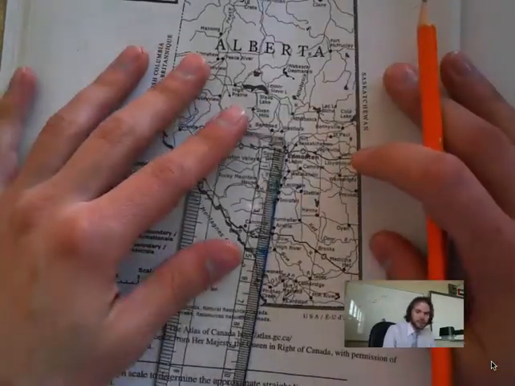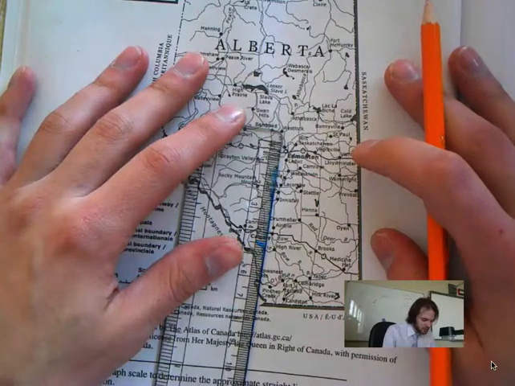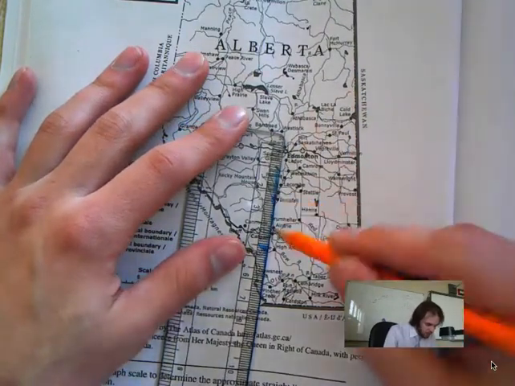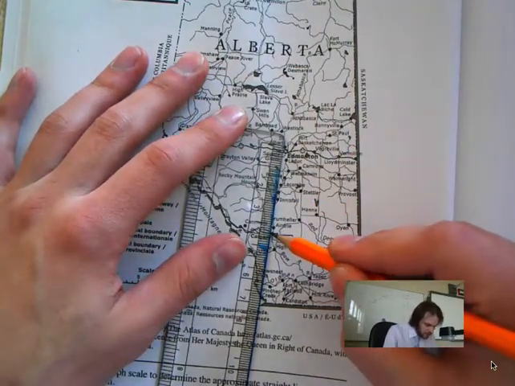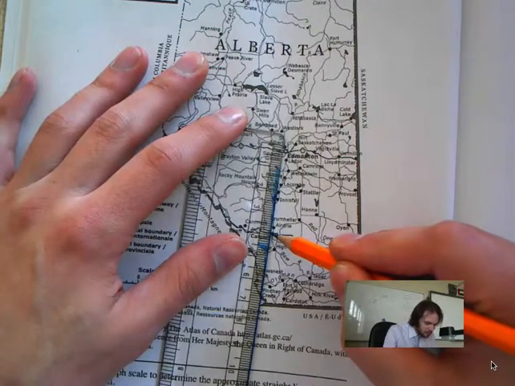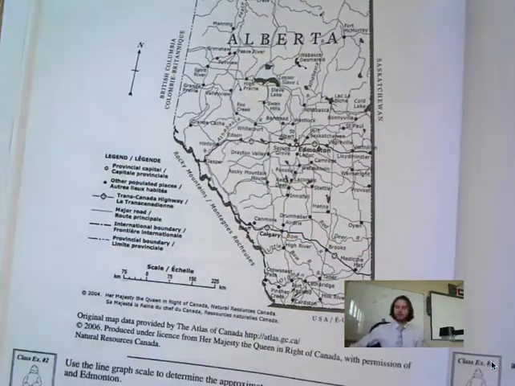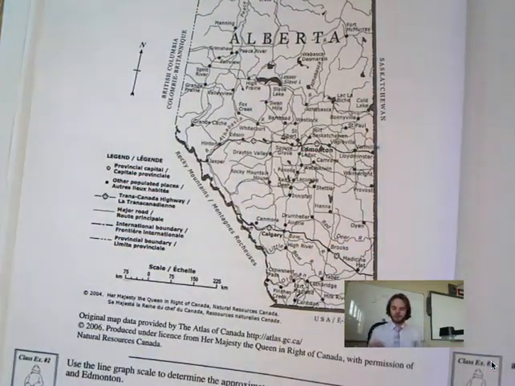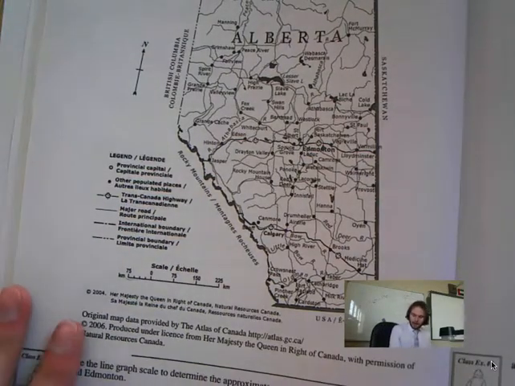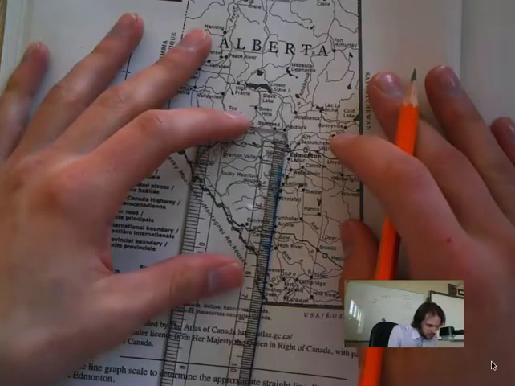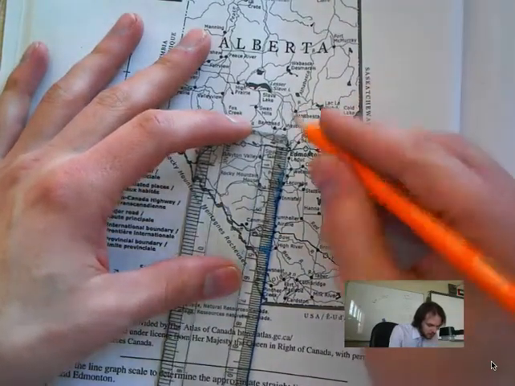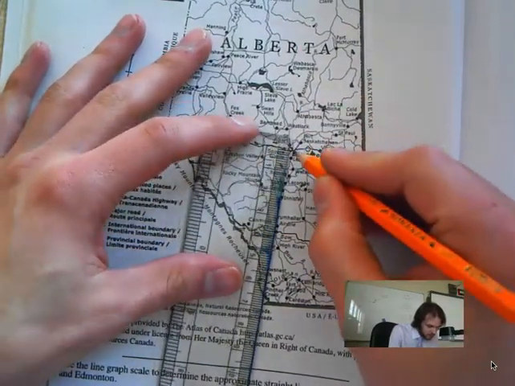So we want to go from Edmonton all the way down to Calgary. So let's measure that here. Oh, Edmonton's there. I was going from St. Albert.